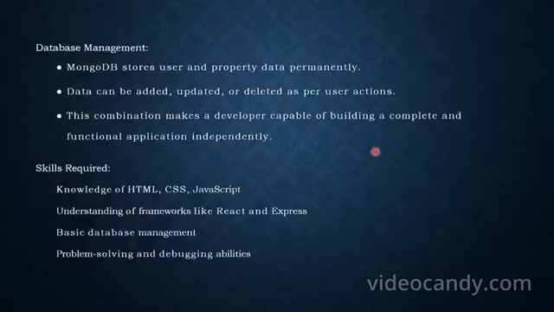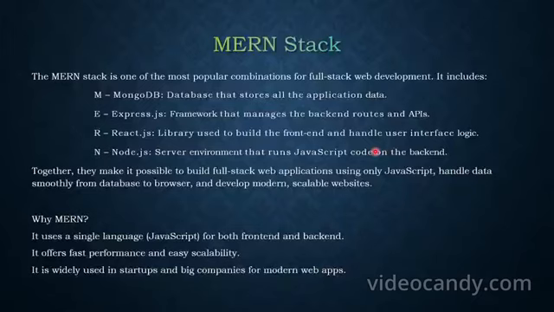The MERN stack is widely used in modern web applications for its flexibility and performance. The main skills required to build a MERN stack web page are the basics of HTML, CSS, and JavaScript, and understanding frameworks like React.js, Node.js, Express.js, and connecting the MongoDB API with the front end and backend.